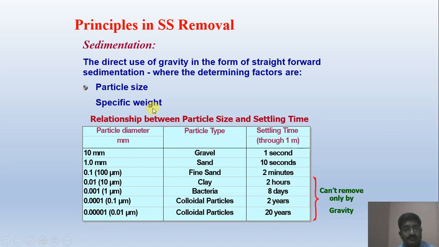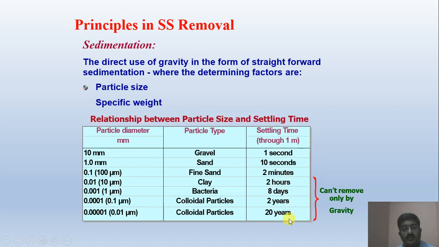Now depending upon the particle size, the settling time differs. Particle size may depend upon various types like gravel, sand, fine sand, clay, bacteria, colloidal particles. So there is a relationship between the particle size and settling time.